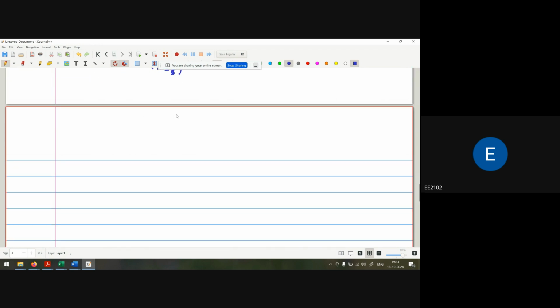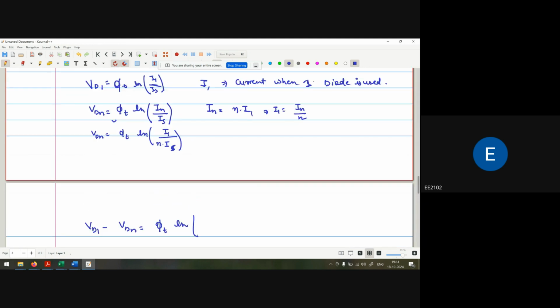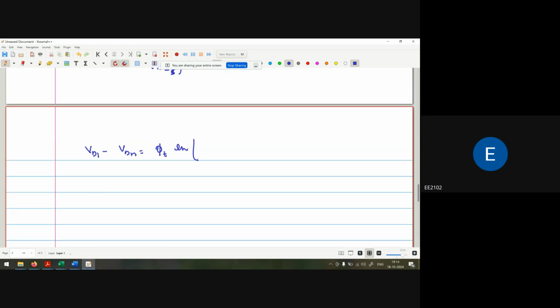Now, if I subtract these two, VD1 minus VDN, the value is phi t ln I1 upon IS minus phi t ln I1 upon nIS.